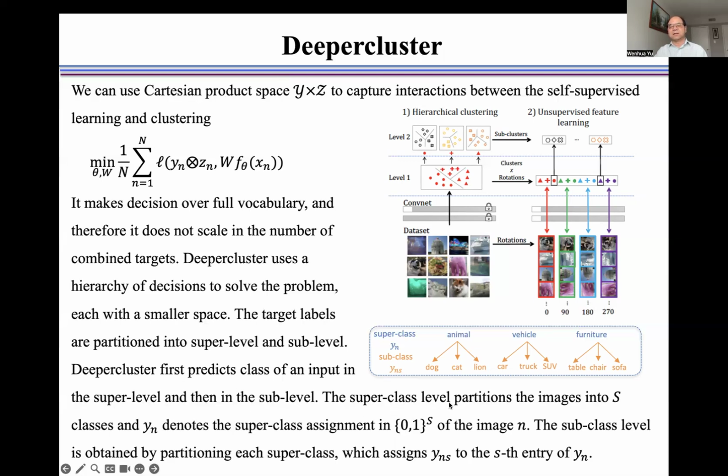The super class level partitions the image into S classes, and Yn denotes the superclass assignment of the image n. The subclass level is obtained by partitioning each superclass, which assigns Yns to the S entry of Yn.